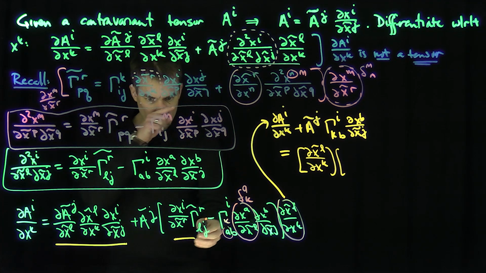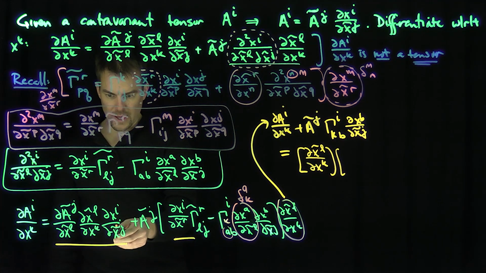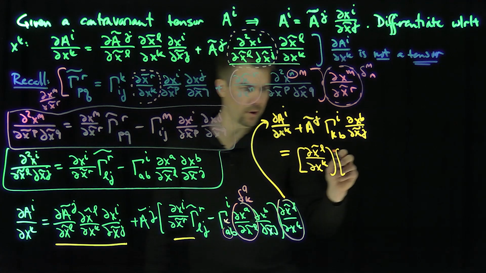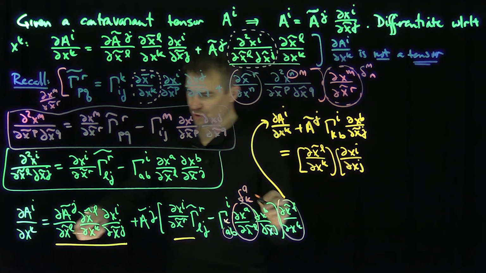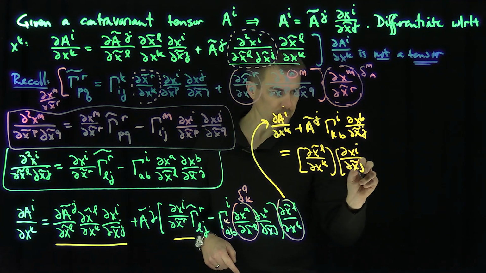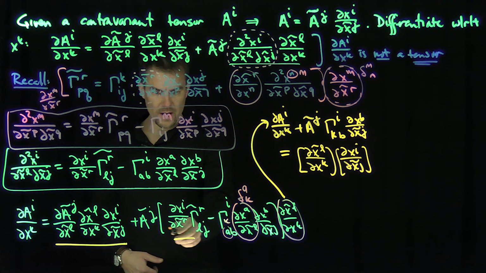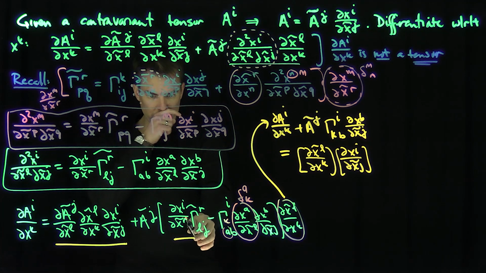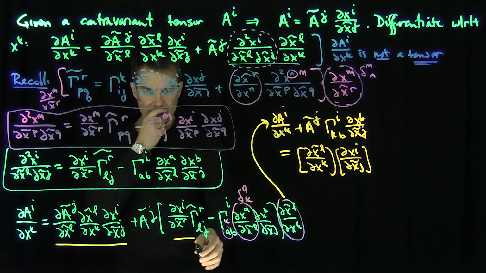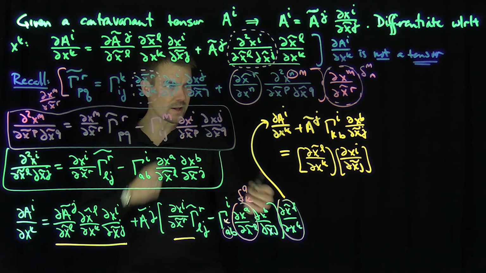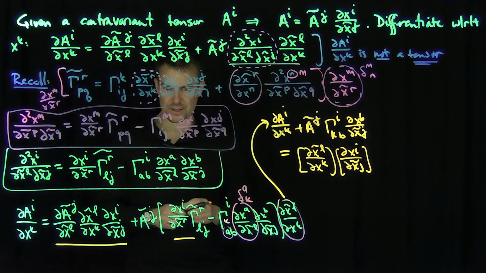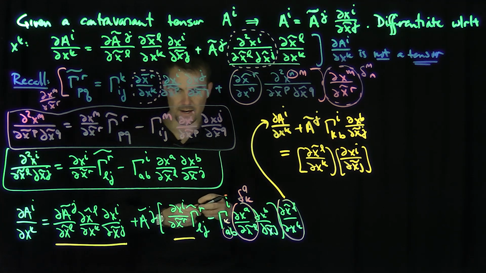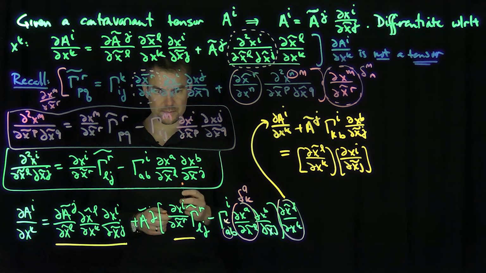These terms also have ∂x^i/∂x̃^j, with the tilde on the j, right? Then they'll have a gamma over here. I've replaced this dummy index r with a j over here, and that dummy index j can be replaced with anything I wish it to be, right? So I replace it, in this particular case, with the j still, right? All right, excellent. And so we have all the terms that we want.